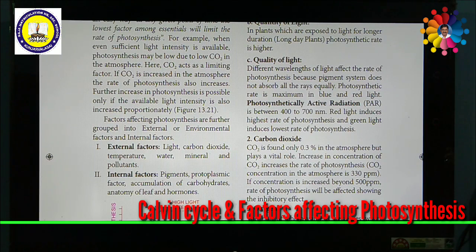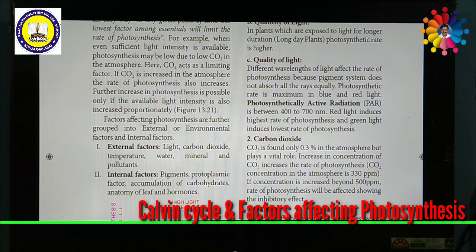Then temperature. The optimum temperature for photosynthesis varies from plant to plant, but an optimum temperature is required for the process. Temperature is not uniform in all places. In general, the optimum temperature for photosynthesis is around 25 degrees Celsius to 35 degrees Celsius.